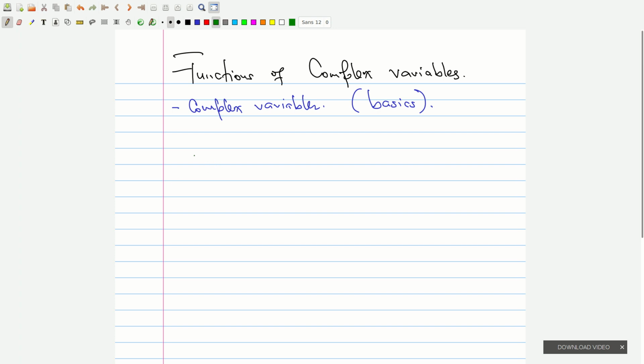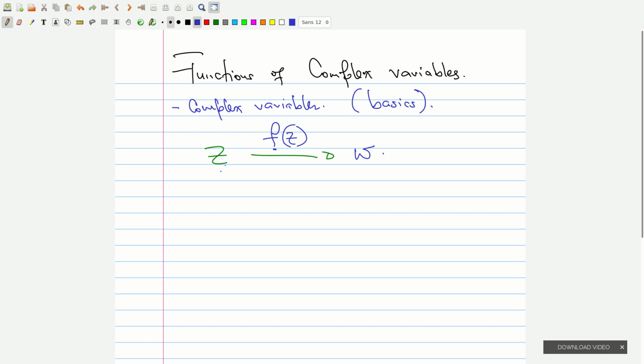We are going to say that a function of a complex variable is a mapping f of z, which maps a complex number z onto another complex number w.